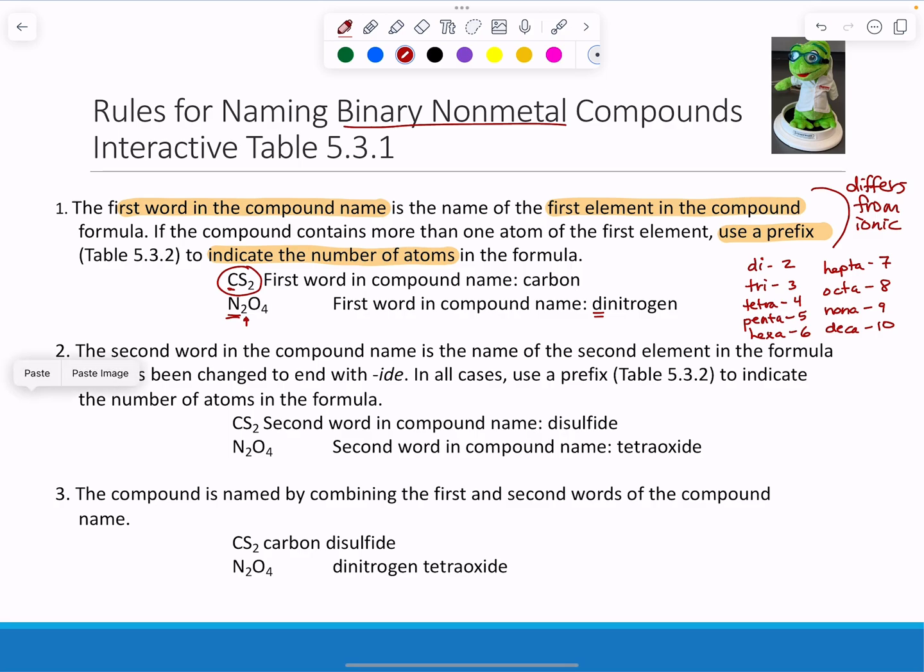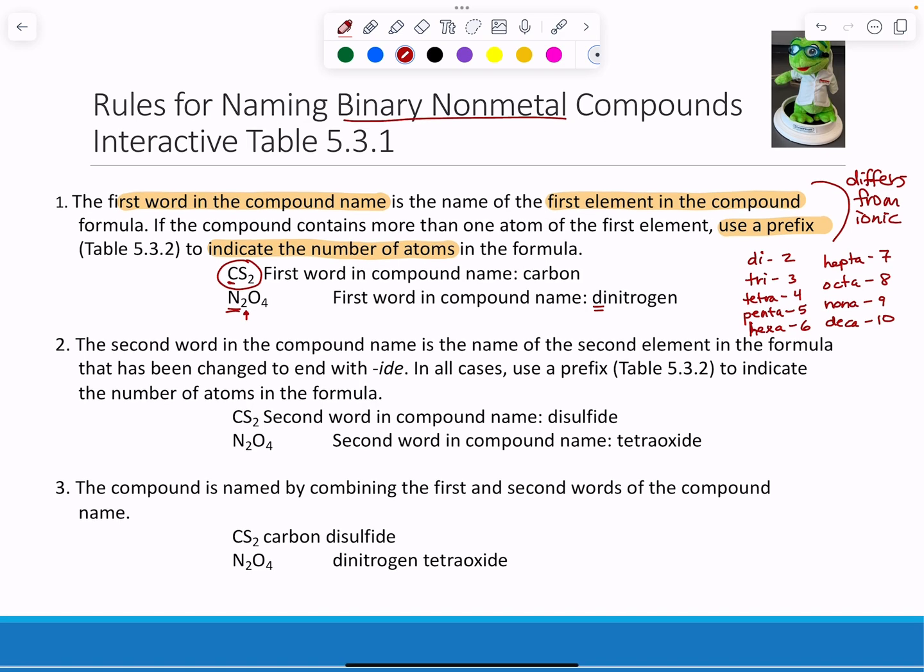So that's the first word in the compound name, just the element name and a prefix if there's more than one of it there.